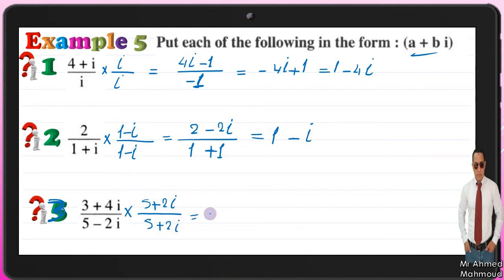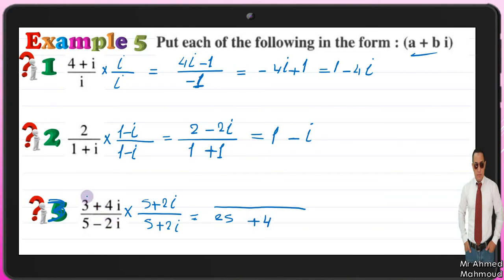Okay, the denominator: 5 times 5 equals 25. Negative 2i times positive 2i equals negative 4i power of 2, and i power of 2 changes the sign, it will be positive 4.